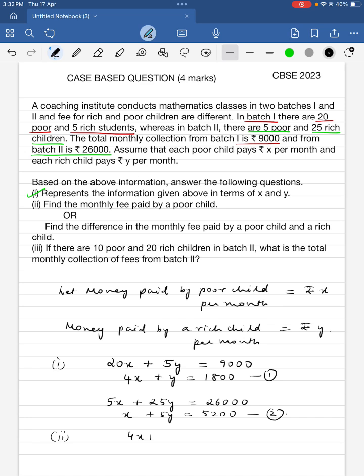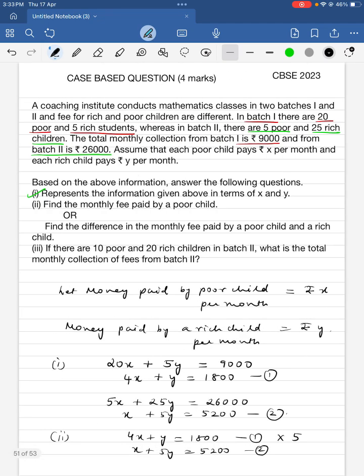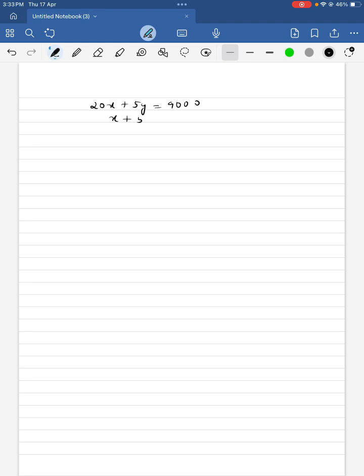So 4x plus y equal to 1800 and x plus 5y equal to 5200. Let me use the elimination method for this. So in order to make the coefficient of y the same, I'm multiplying the first equation with 5. Okay, so the equation now becomes 20x plus 5y equal to 9,000 and the second linear equation was x plus 5y equal to 5,200.